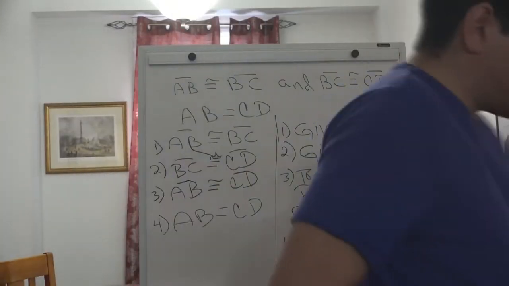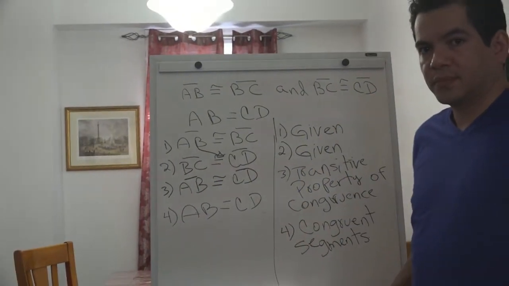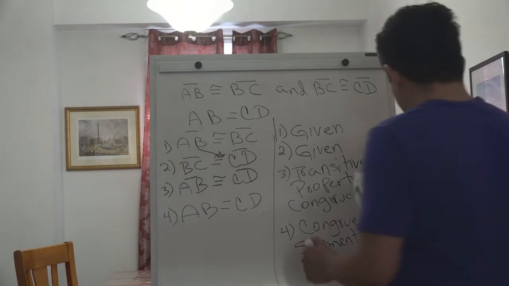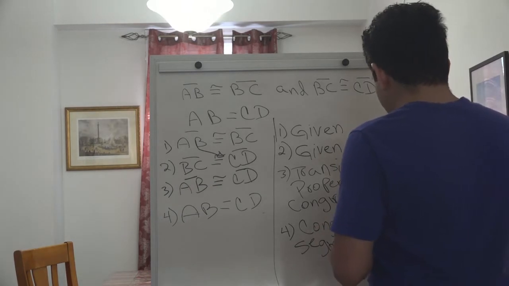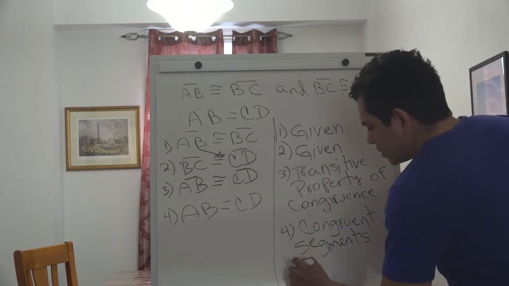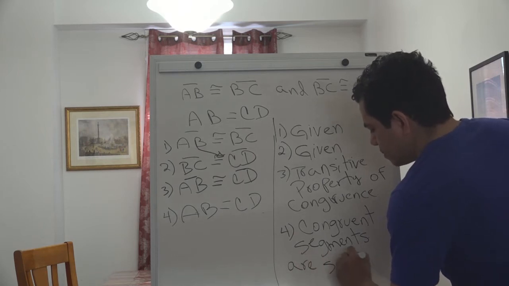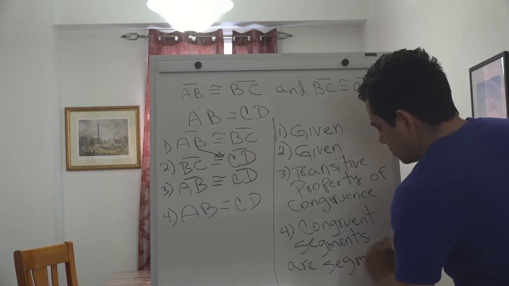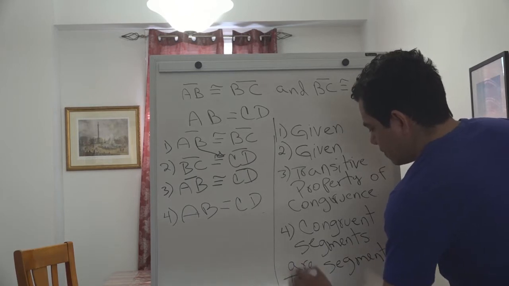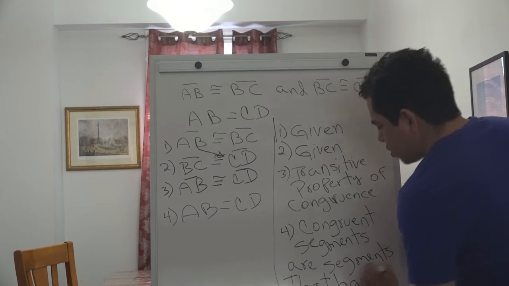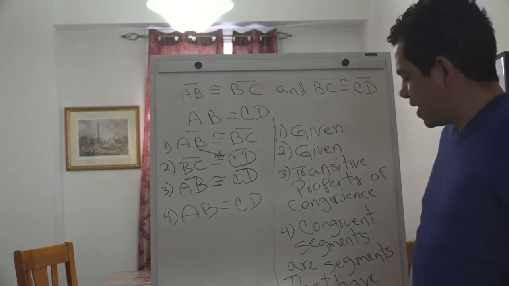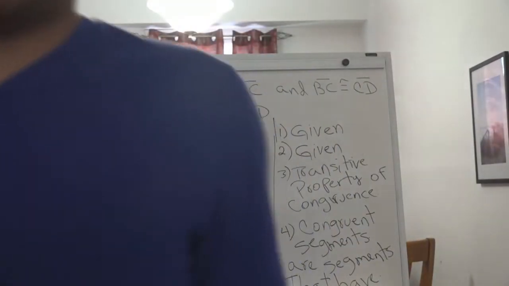Okay, congruent segments are segments that have, I'm not going to write it because you won't be able to see it, that have the same length.